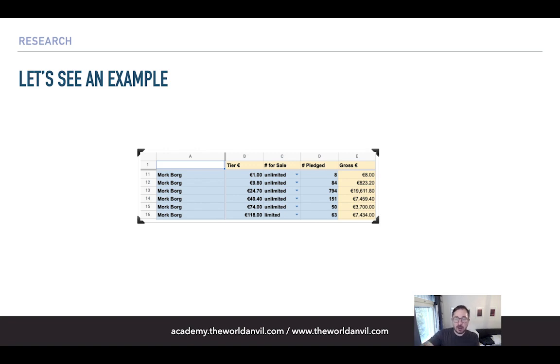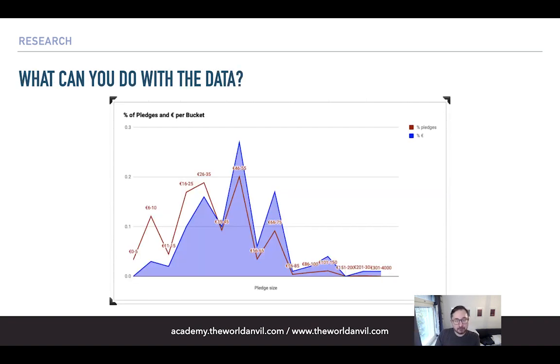You can see on the side how many people pledged for that specific level and what is the gross income for a tier. And what can you do with that? Once you have several campaigns' data, you can create this kind of graph, and I have a way for you to make this almost automatically in the Pledge Manager.